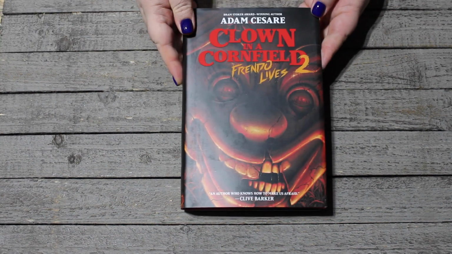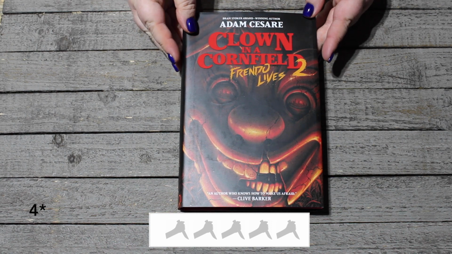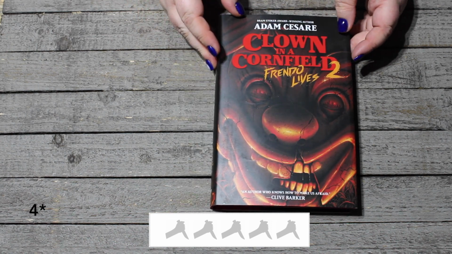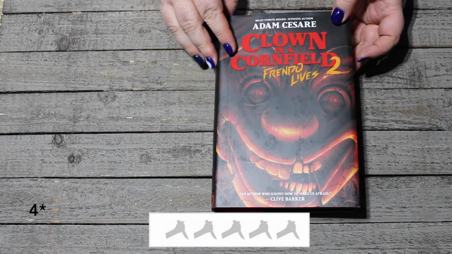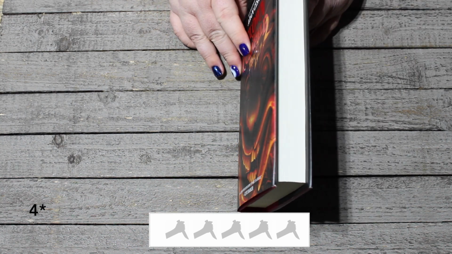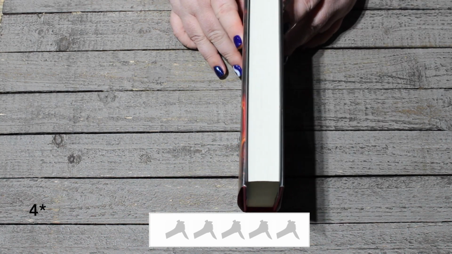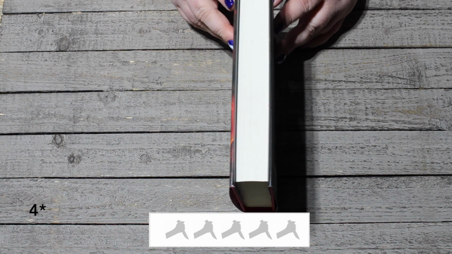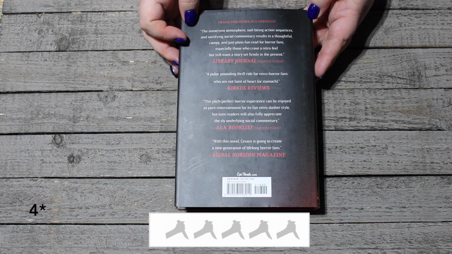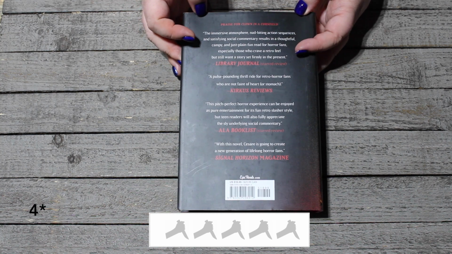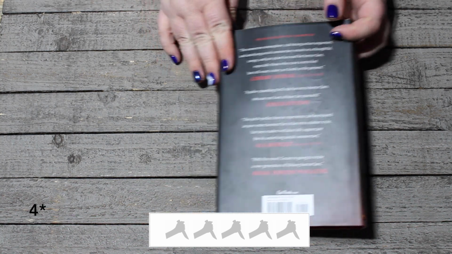Next is Clown in a Cornfield 2 by Adam Cesar. We follow Quinn from the first book, which was set after the Kettle Springs massacre. Quinn finds that her past won't leave her alone when she becomes the focus of online conspiracy theories that claim the Kettle Springs massacre never happened.